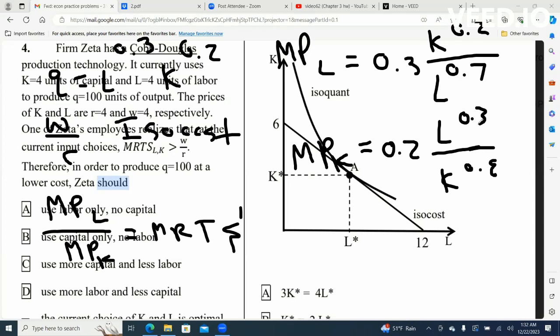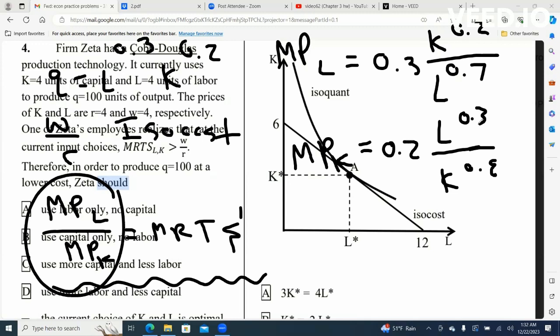And then what are we going to do for the MRTS, which is going to plug into that formula, right? So if you divide them, what do you do when you divide a fraction? I'm skipping some algebra. The bottom fraction goes up top and flips. Kind of a duh.